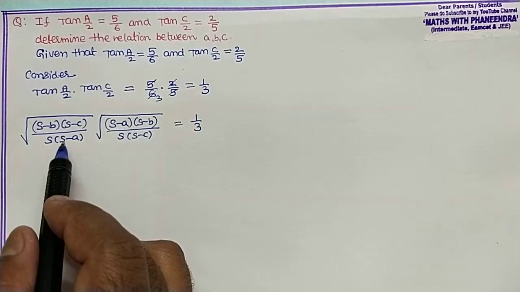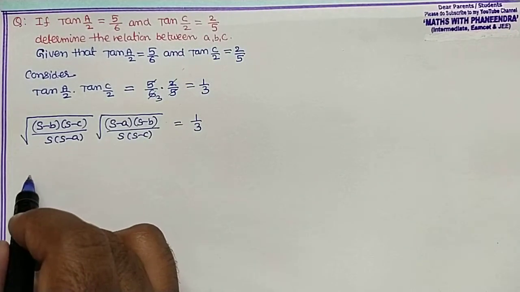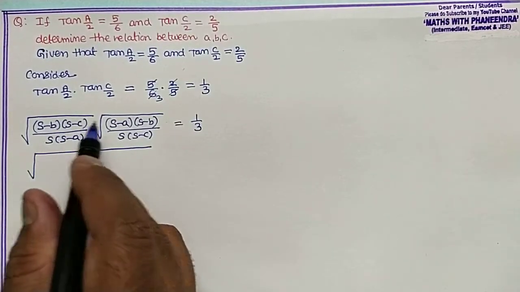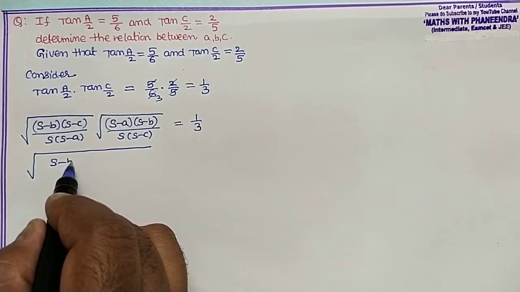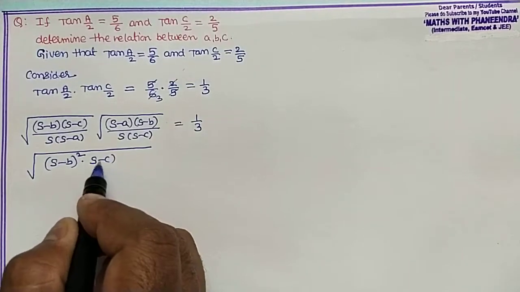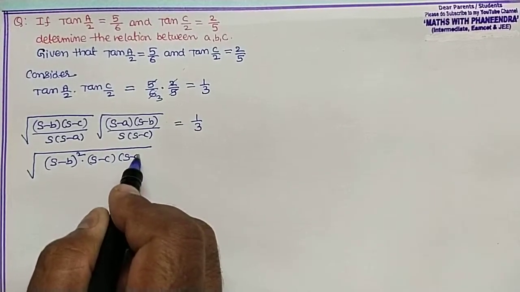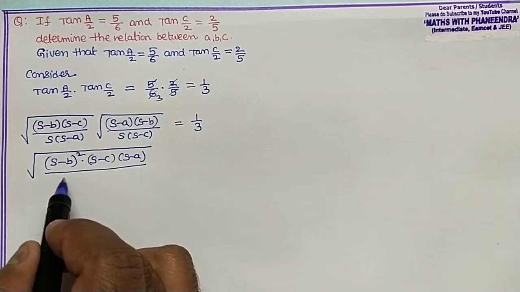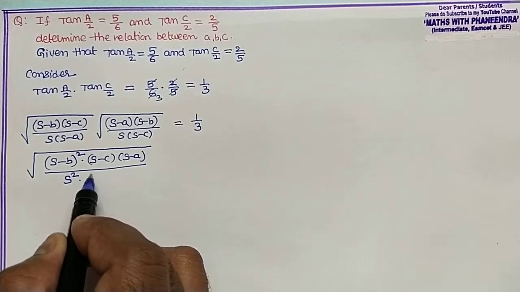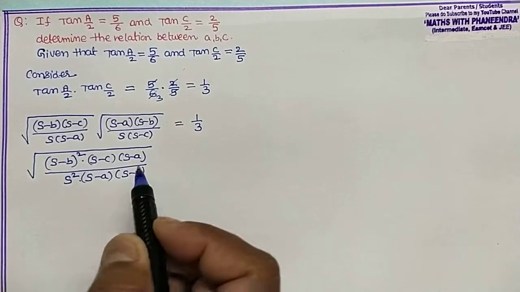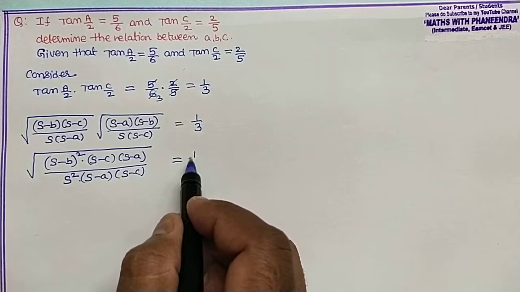So it is in the form of root a into root b, no, root ab. So square root of (s minus b)(s minus b), so (s minus b) whole square into (s minus c)(s minus a). After that, denominators, s into s is s square, (s minus a)(s minus c), which is equal to 1 by 3.